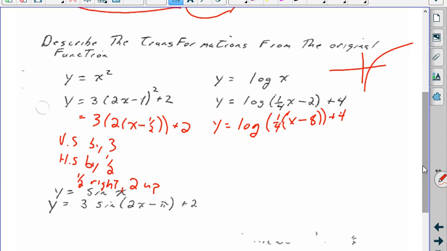So now, if we are going to do it in the order that we've been talking about, we have a horizontal stretch by 4, and y is equal to 0. And we move 8 right and 4 up.